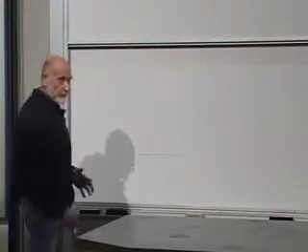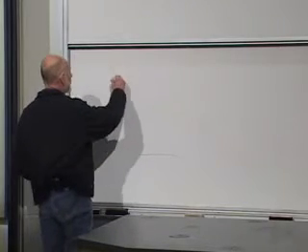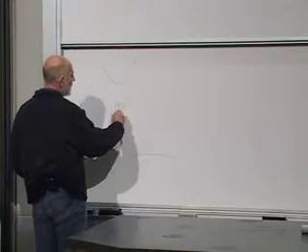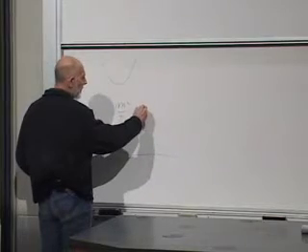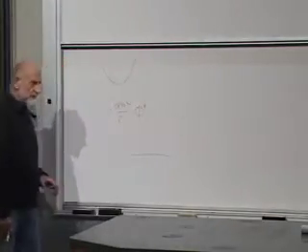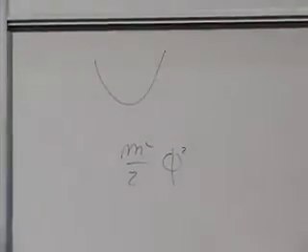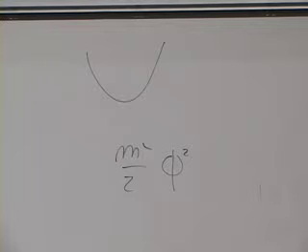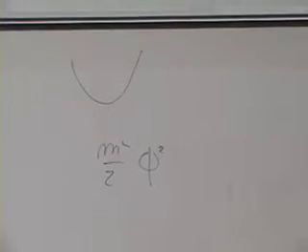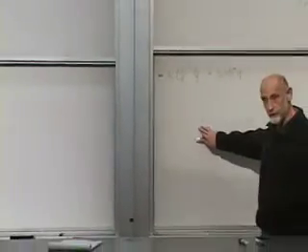Okay, so let's look at various potentials. Let's start, first of all, with a potential which looks like this. M squared over 2 phi squared, or phi star phi, it doesn't matter. It's clear that if you created a wave that varied from place to place, no matter how long that wavelength was, as long as there was variation in the field away from phi equals 0, there's going to be an appreciable cost of energy.